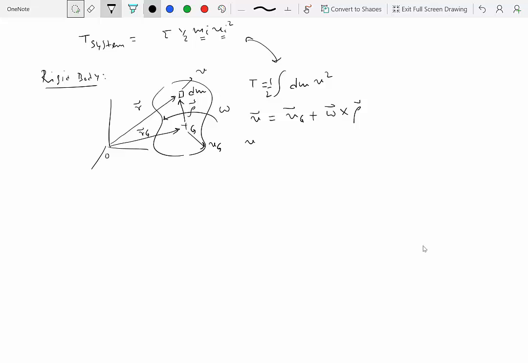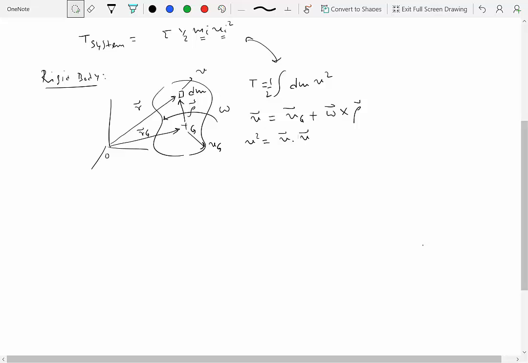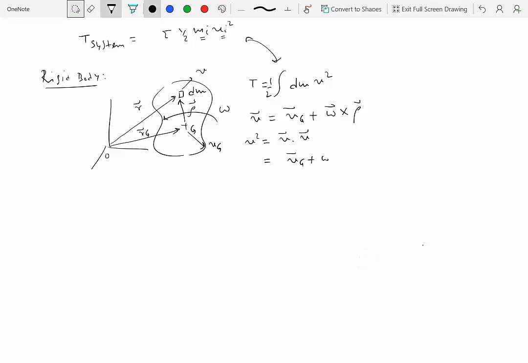So what is v squared? v squared can be written as v dot v. So if you take the dot product of velocity vector v with itself, you get the magnitude of velocity squared. So let's substitute for v_g plus omega cross rho, dotted with itself, and see what we get.